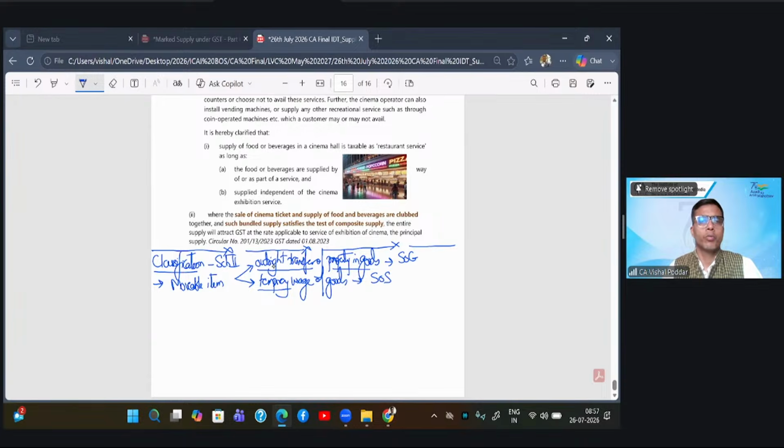So where there is outright transfer of property in goods, it is supply of goods. Where the usage rights, or the right to hold or display the goods, are given temporarily, it is supply of service. The most important parts are temporary and outright. This decides whether it is supply of goods or supply of services.